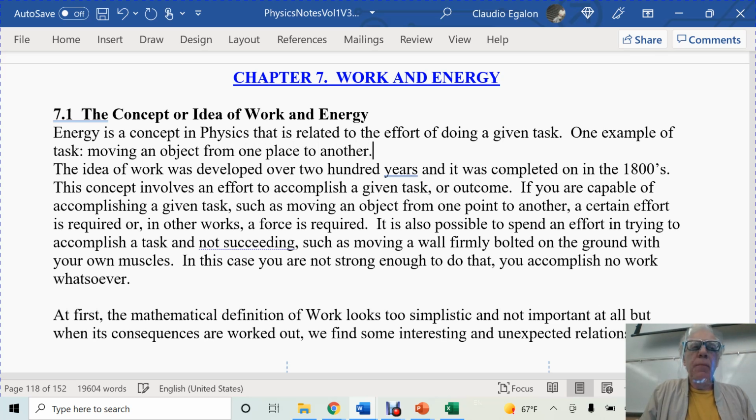Okay? That's one. So now we got the idea of energy sorted out, right? In order to move this bottle from one place to another, we need a given amount of energy. If you have this given amount of energy, you'll be able to move this bottle from one place to another. If you don't have that amount of energy, you won't succeed.